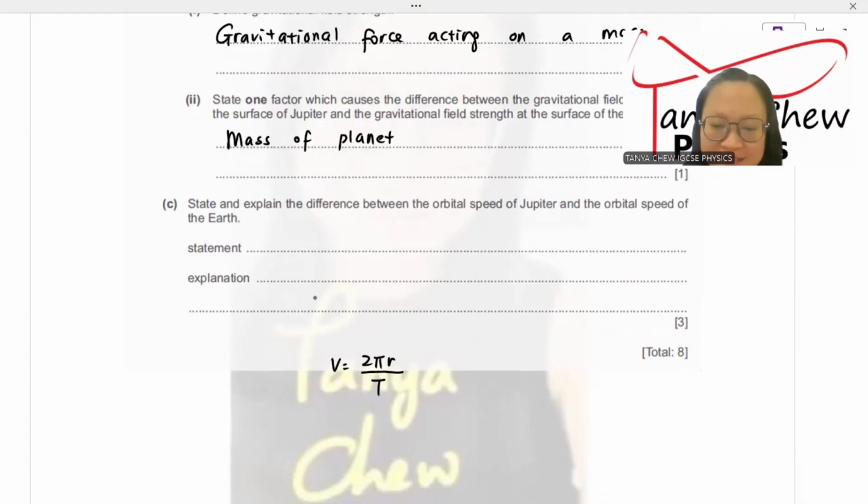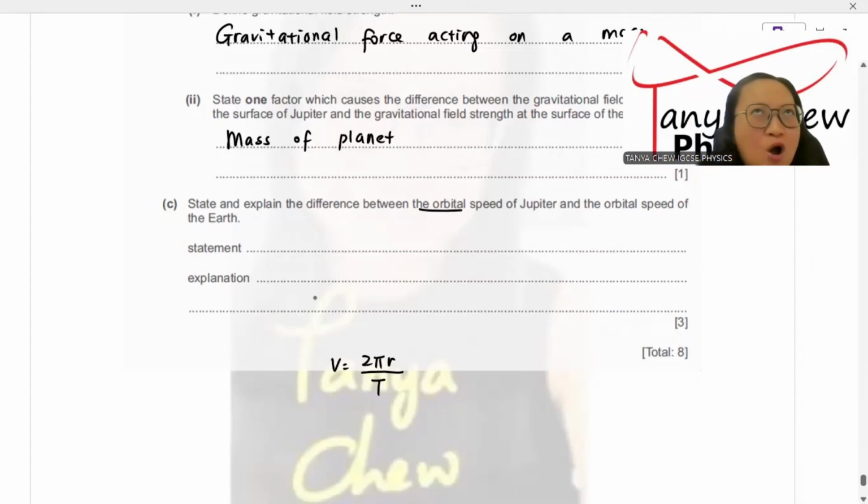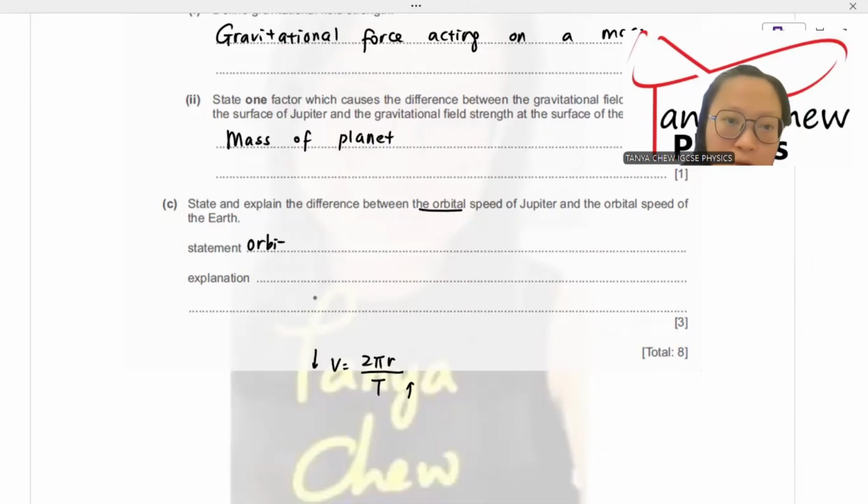Jupiter, because it is far away from the sun, would take a longer time to orbit the sun. So the orbital speed of Jupiter will be lesser.